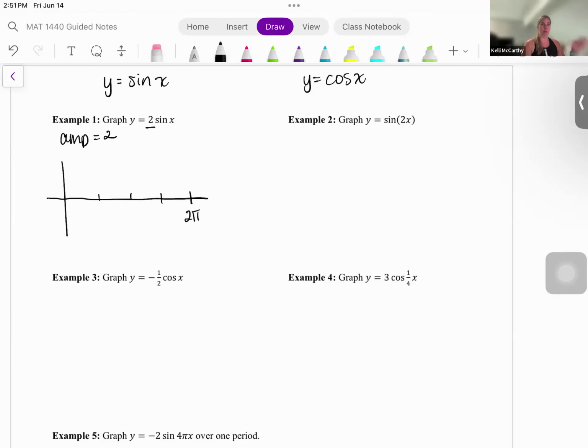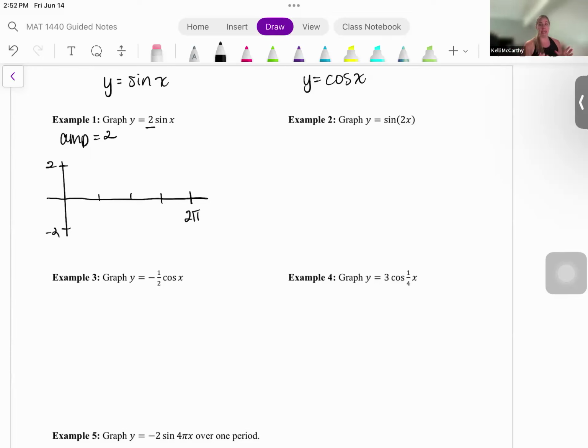One point at the start, and then 3 in the middle, and then one point at the end of that period. Now the amplitude is 2, there's no midline or vertical shift. So really all that's going to do is change the height of the graph, so that maximum and that minimum of the graph are 2 and -2 respectively.